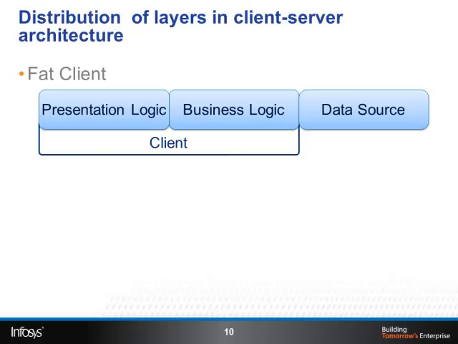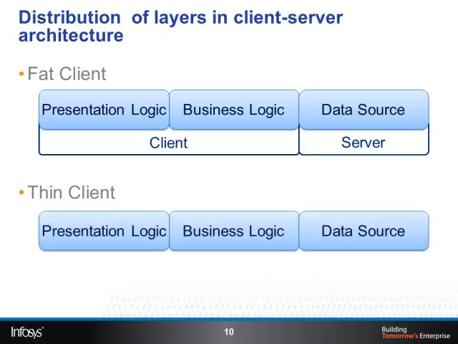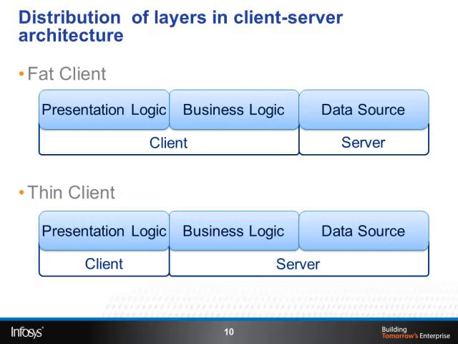The server may contain only the data layer and a smaller portion of the business layer. On the other hand, in case of thin client, the client component contains the presentation layer and a smaller portion of the business layer, and the server contains a bigger part of the business layer and the data layer of the application.